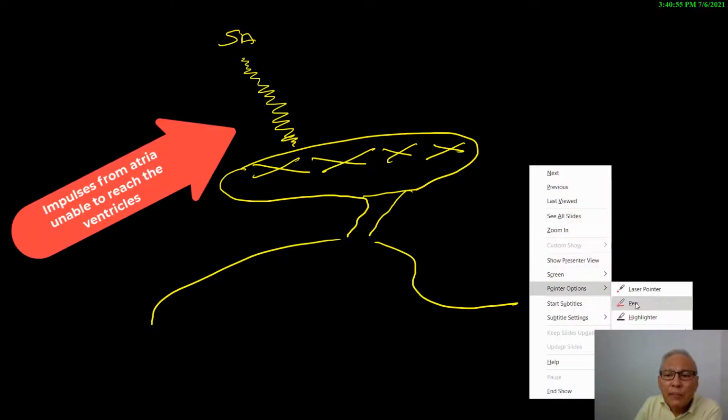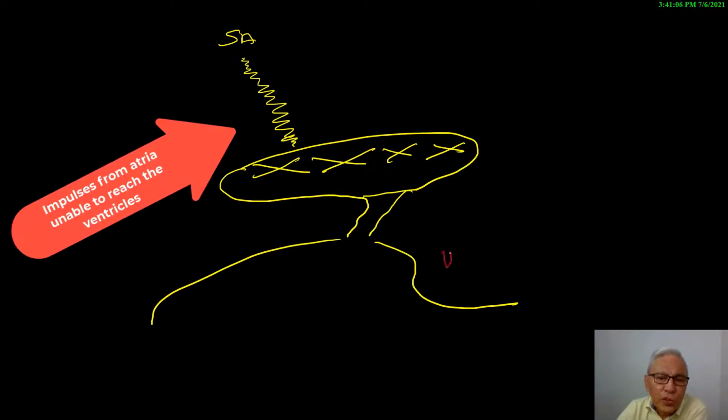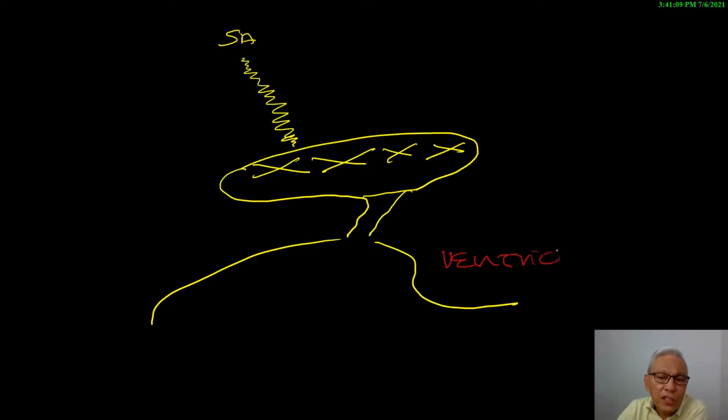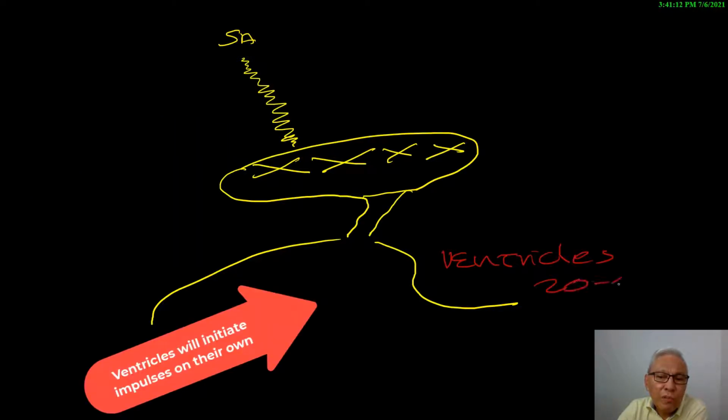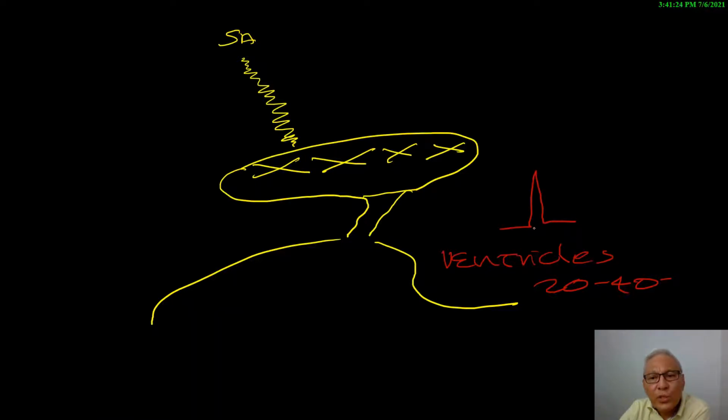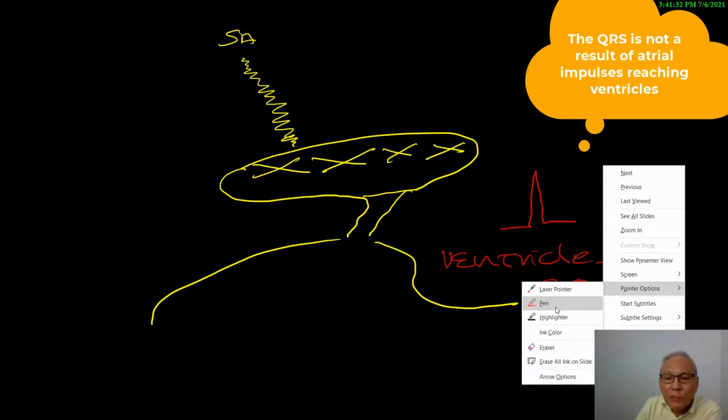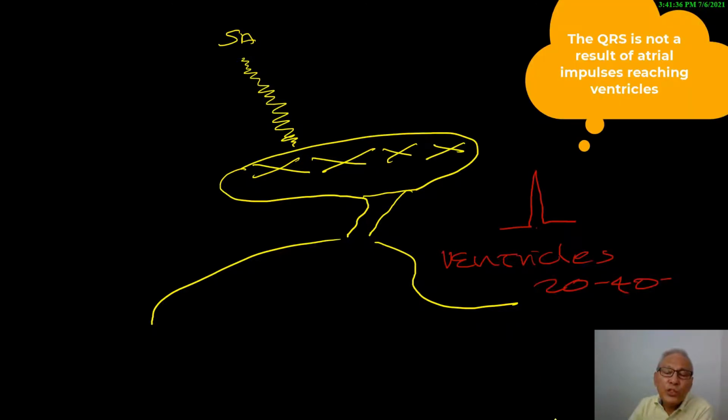Well, the ventricles, which have an automaticity rate of 20 to 40 beats per minute, can generate an electrical impulse at that rate and therefore cause a QRS complex. However, this QRS complex is not going to be the result of the electrical impulse that originated from the SA node. So this P wave did not cause the QRS complex below.